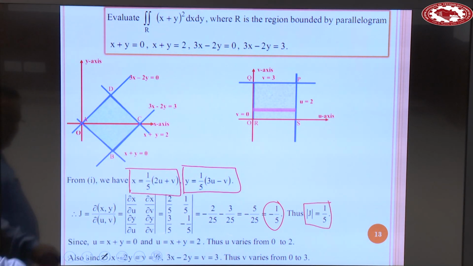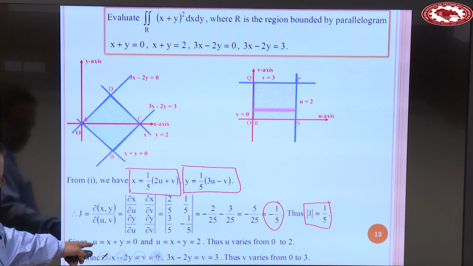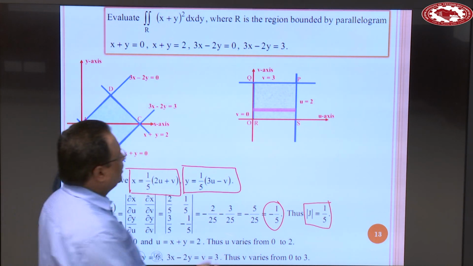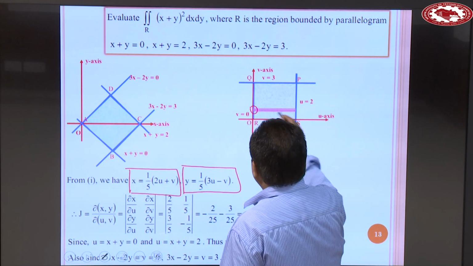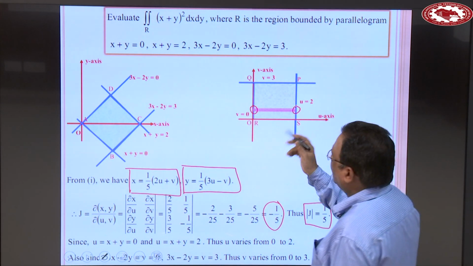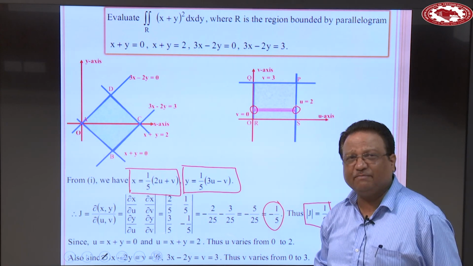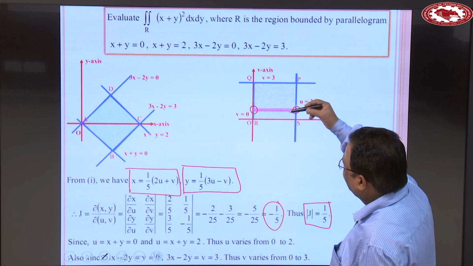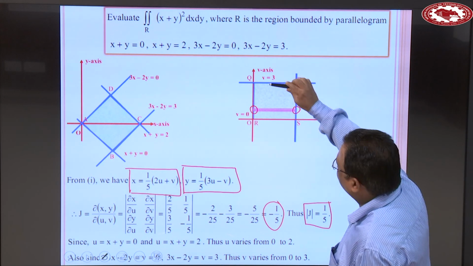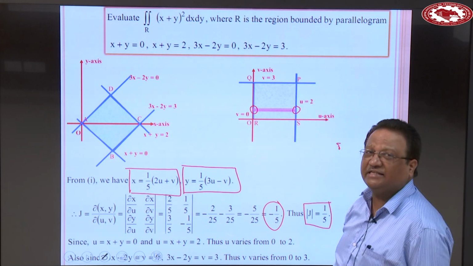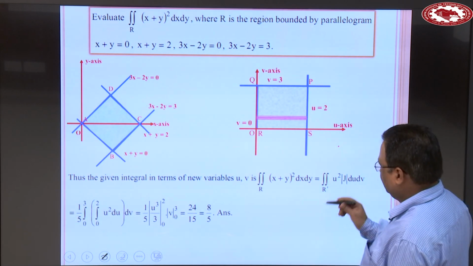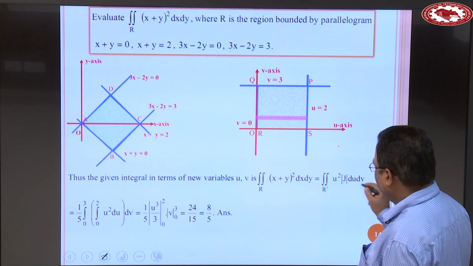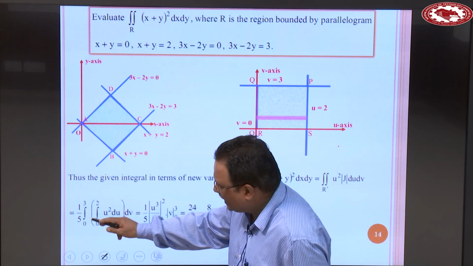Then u from 0 to 2 means u varies from 0 to 2. So when we solve this double integral problem, we consider one strip parallel to the u axis from u1 to u2, meaning 0 to 2, and this strip slides from v1 to v2, where v1 is 0 and v2 is 3. So the integral is u square, magnitude of Jacobian, du dv, with limits 0 to 2 and 0 to 3.